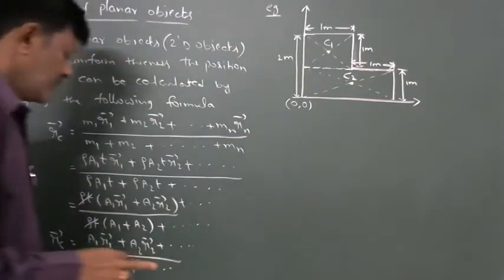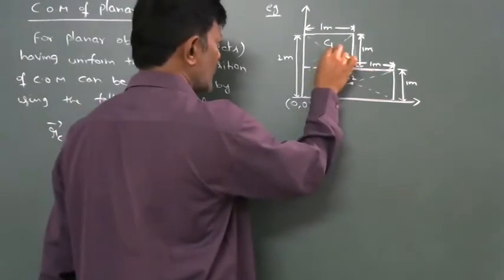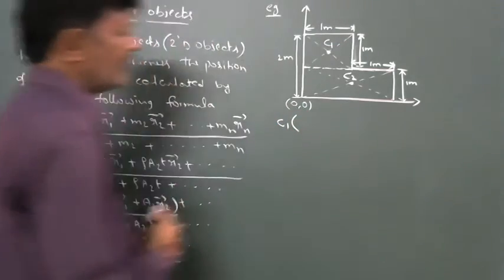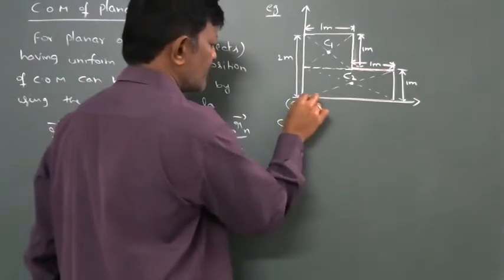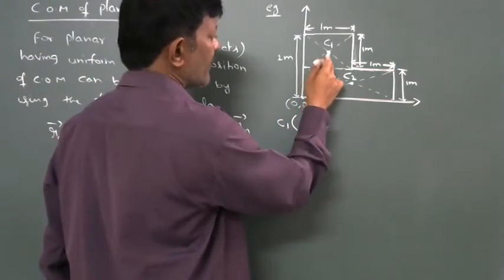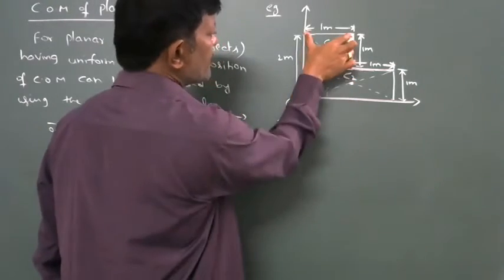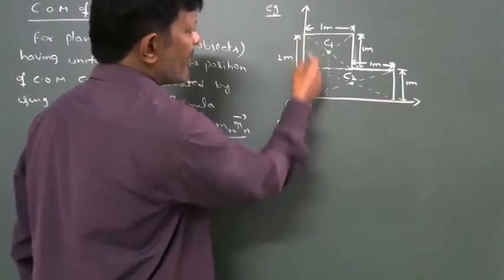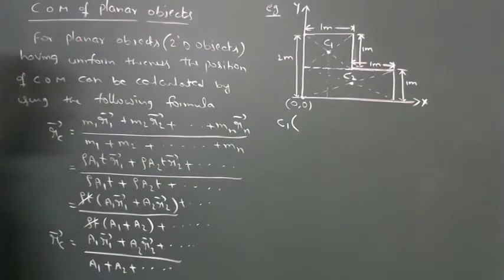Therefore, the coordinates of C1 with respect to this origin. C1 x coordinate: this distance is 1 meter, so C1 is at a distance of half meter from the y-axis. The perpendicular distance of C1 from the y-axis is half meter.